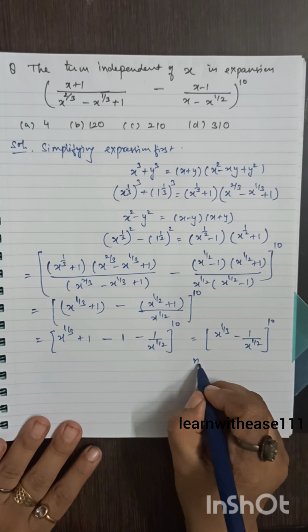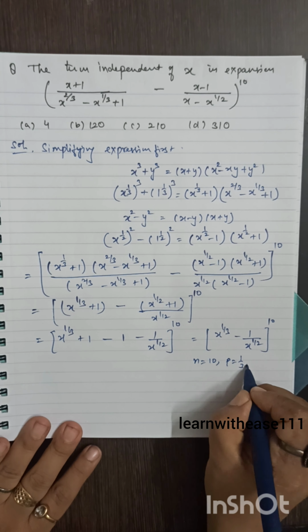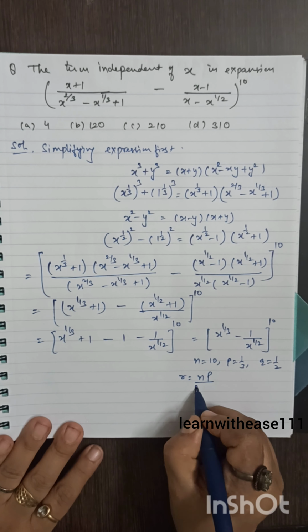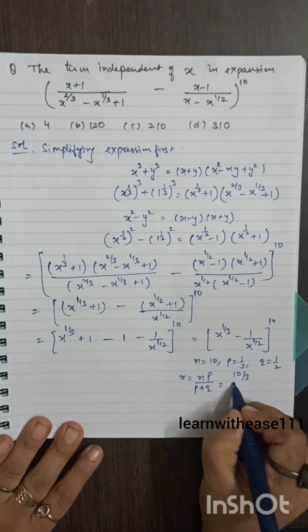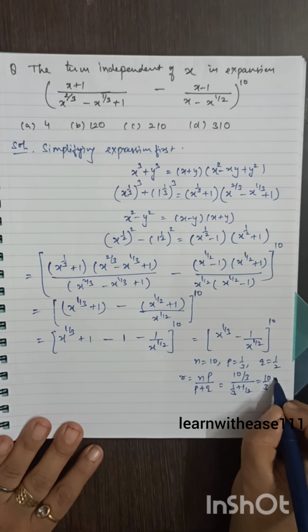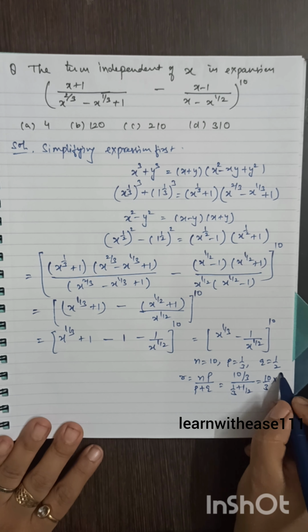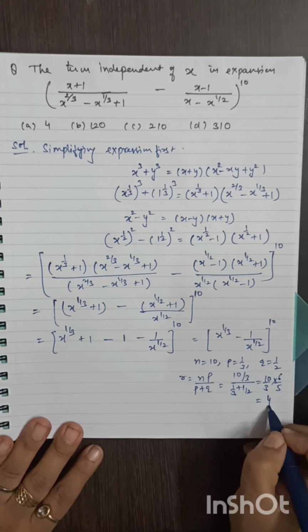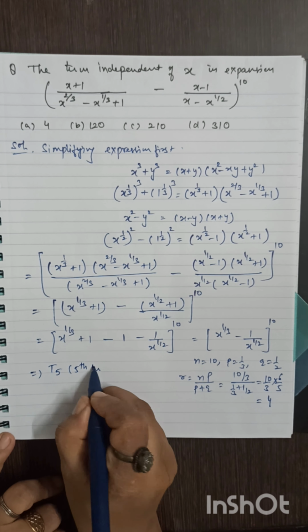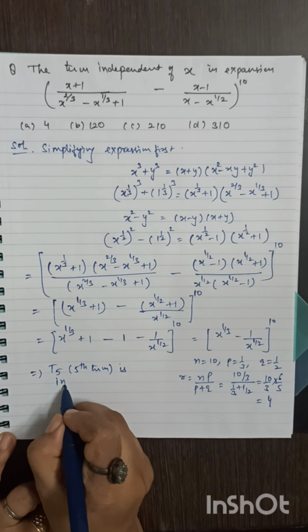So here n is 10, p is 1 by 3, q is 1 by 2, and r can be found as np upon p plus q. So this is 10 upon 3 divided by 1 by 3 plus 1 by 2, so this is 10 upon 3 and this is 5 upon 6. So this is 4, meaning the fifth term is independent of x.